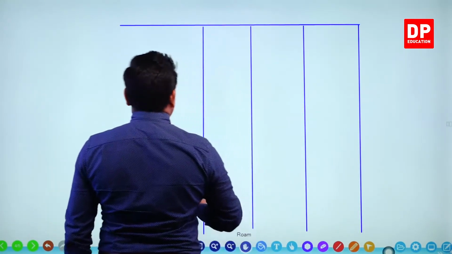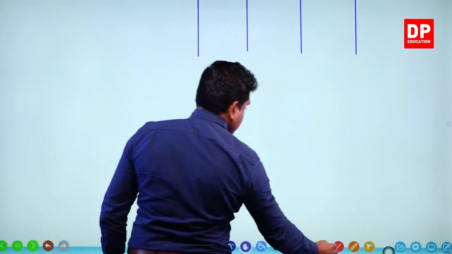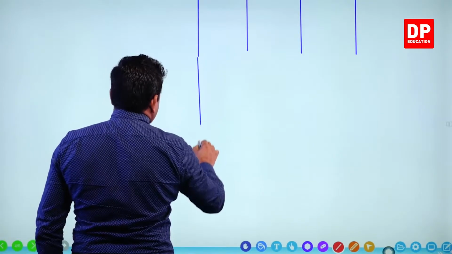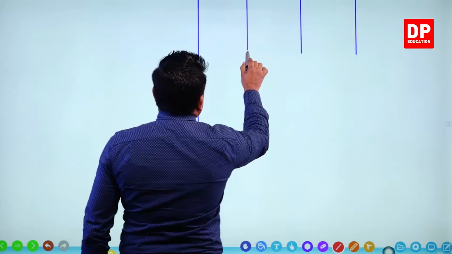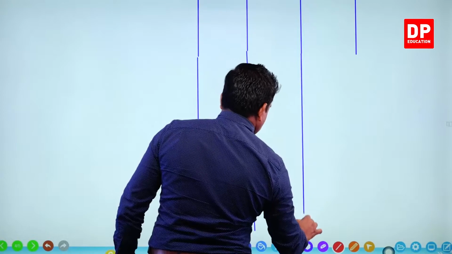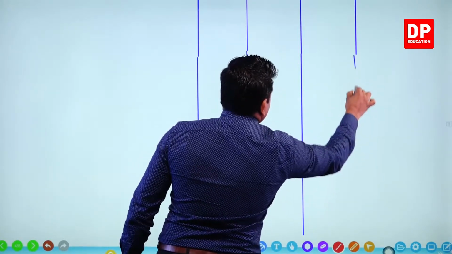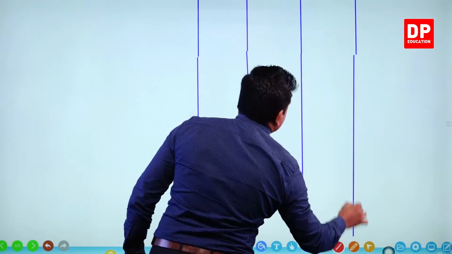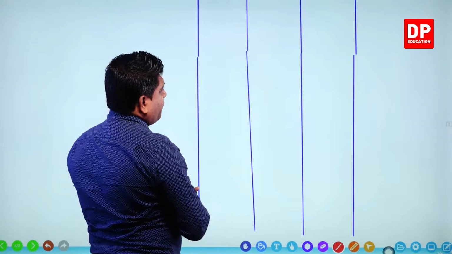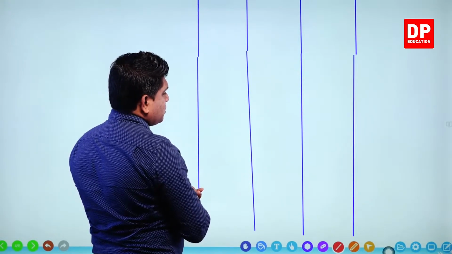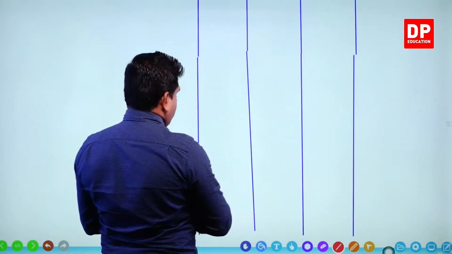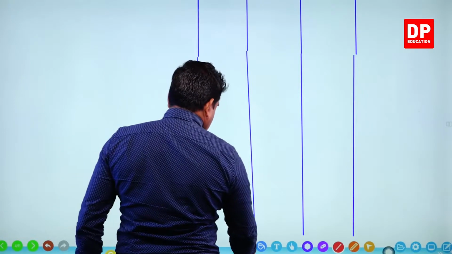I think it's better to expand. Yeah. Then, okay. Now, we can draw the statement of financial position. It's very easy if you can draw right side of the profit and loss statement.